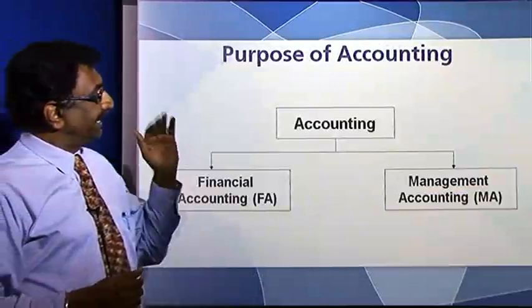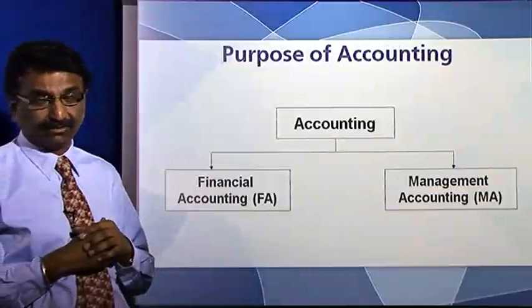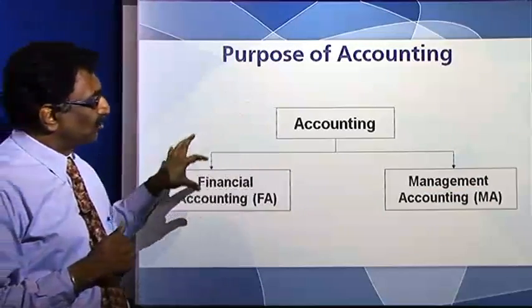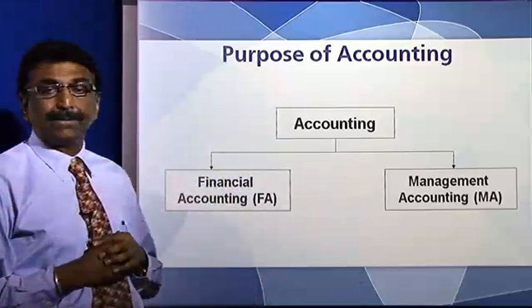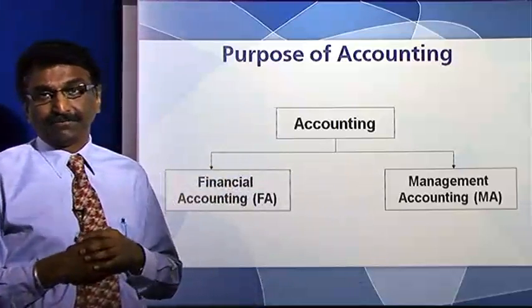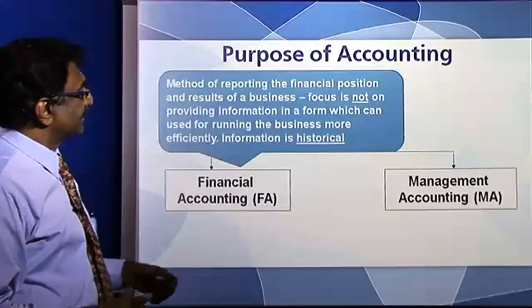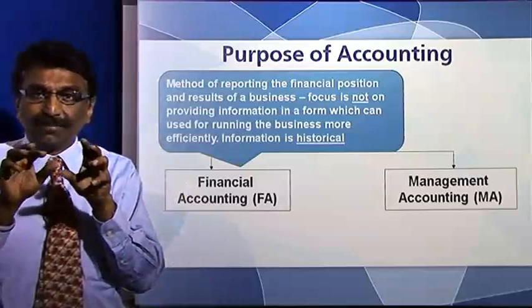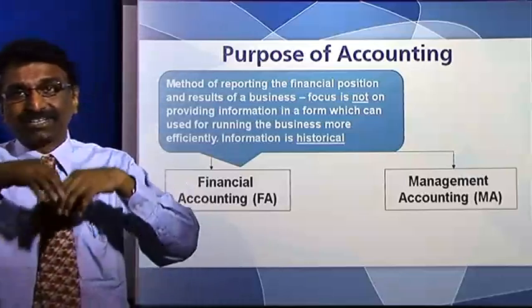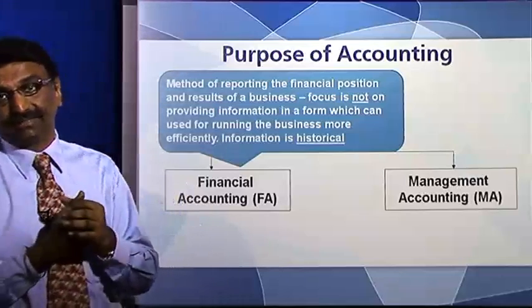Before I proceed to the next part, let's look at two parts of accounting: financial accounting and management accounting. Financial accounting is what I have been discussing with you till now. It is not meant to find out how I can efficiently run the company.